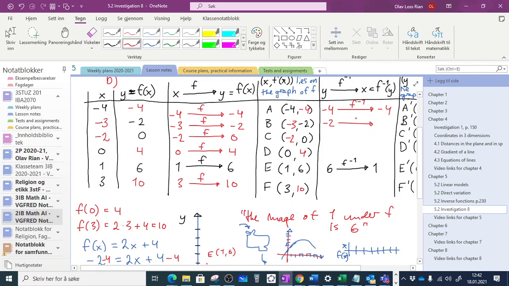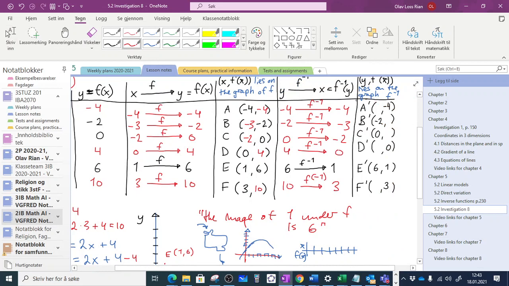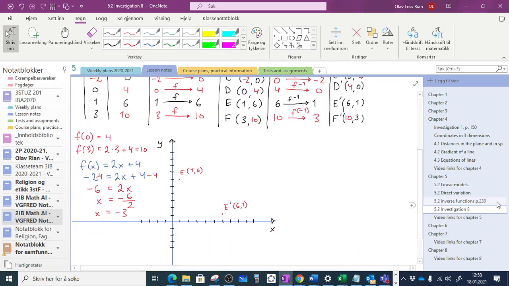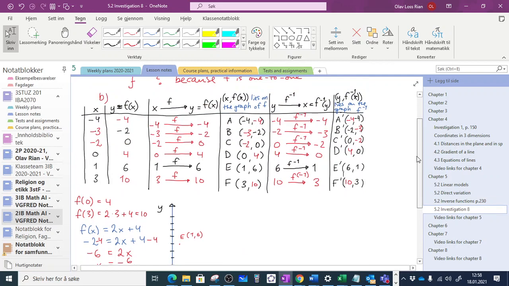So the image of minus 2 under the inverted function is minus 3, etc. We also put in the coordinates for the inverse points, the points for the inverse function. So we have finished the table.